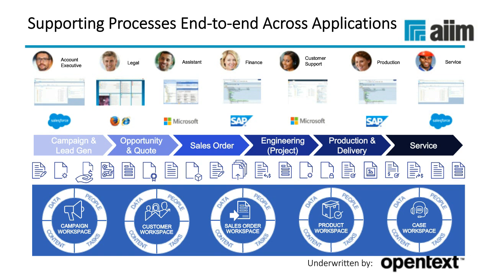They'll solve the problem in the campaign workspace with a marketing automation tool, or on the service side with a case management tool. And certainly there are benefits in that kind of automation.